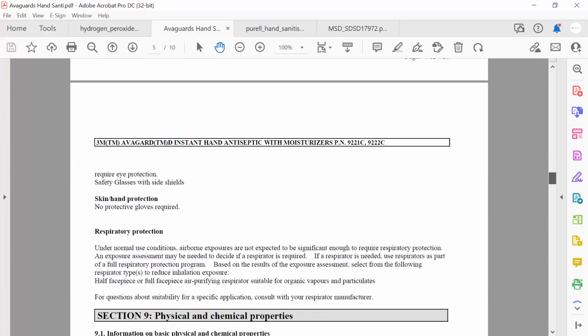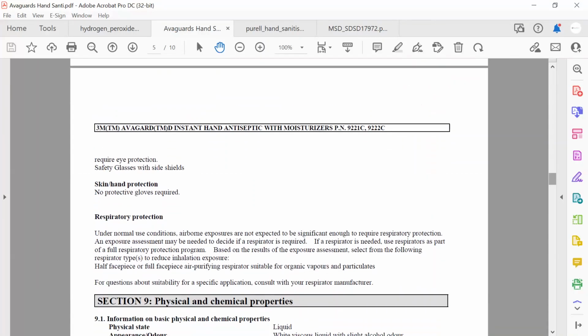because that's what the recommendation is. And so it does say that under normal conditions, you do not have to wear respiratory protection, but if you are going to be having a longer period of exposure, they do recommend a respirator as part of a full respiratory protection program based on the results of the exposure assessment.